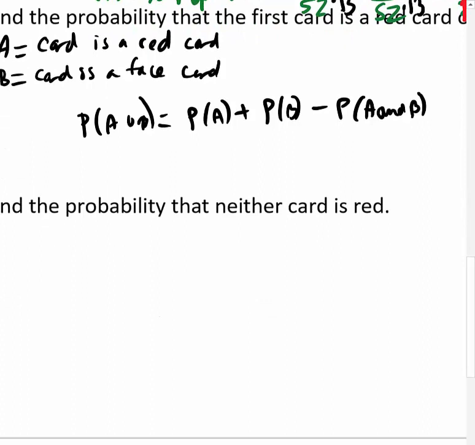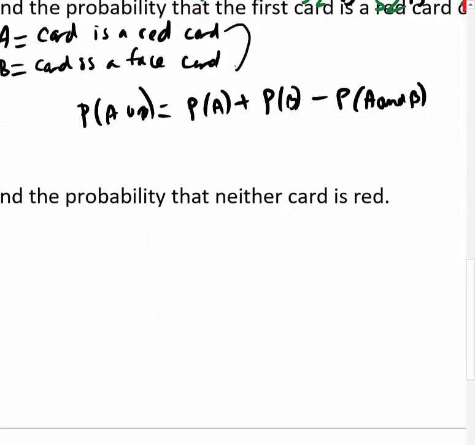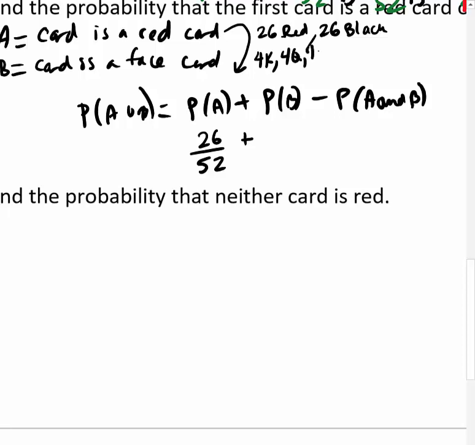So the probability of A, a red card. Half the cards in a deck are red, and there are 52 total cards, so half of 52 is 26, because there are 26 red and 26 black cards. And B is face cards. There are 4 kings, 4 queens, and 4 jacks, so a total of 12 face cards.